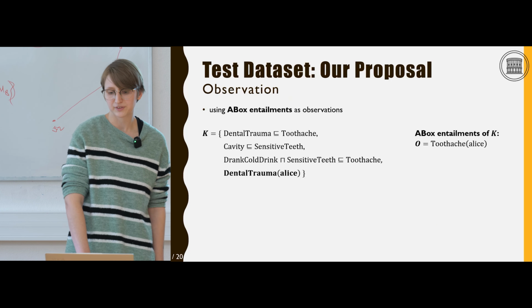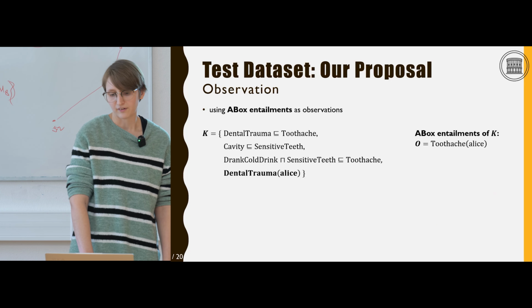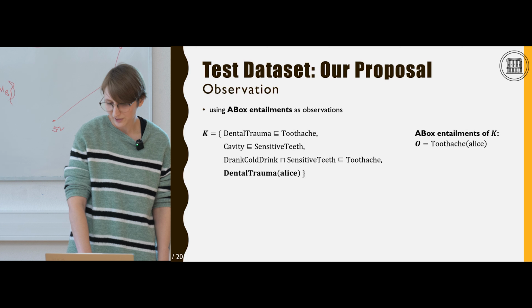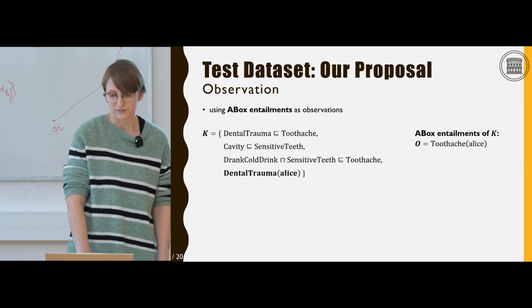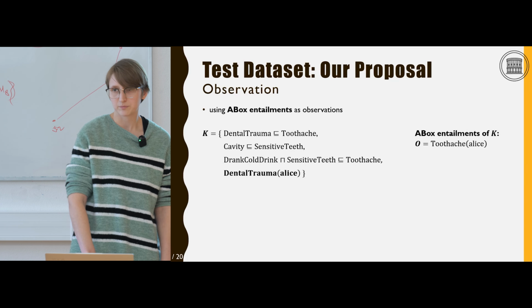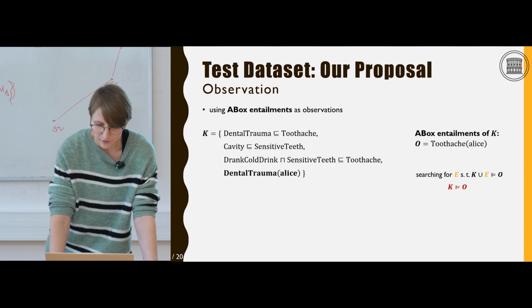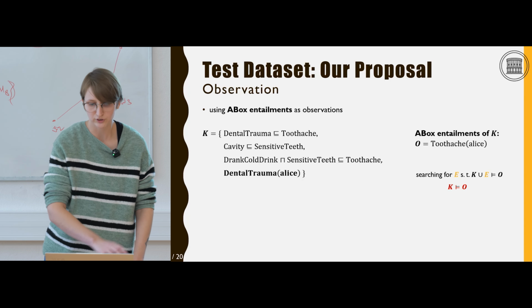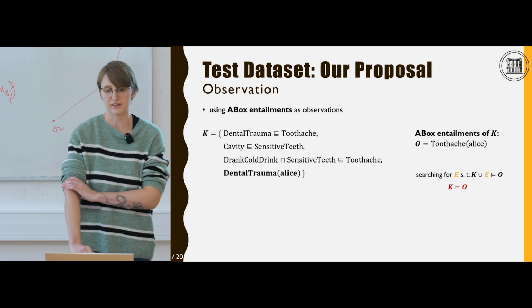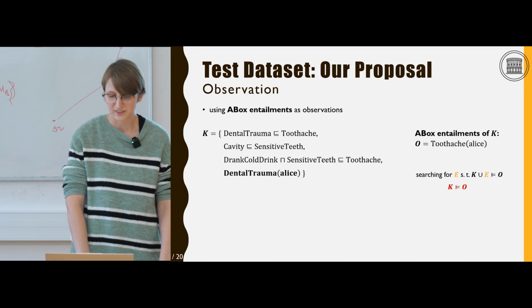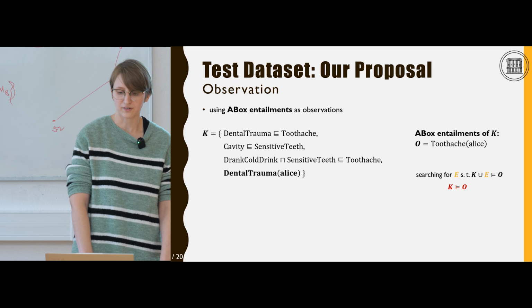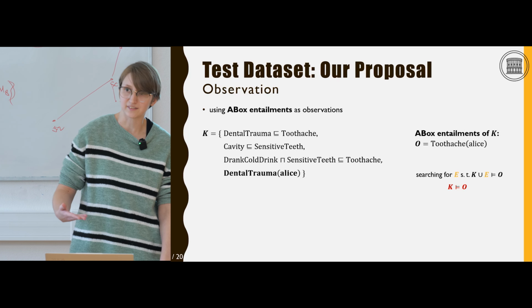Now we compute entailments, which is basically this one entailment that Alice has toothache, and this becomes our observation candidate. But when we try to search for explanations, right now we get no explanation because toothache Alice is already entailed.